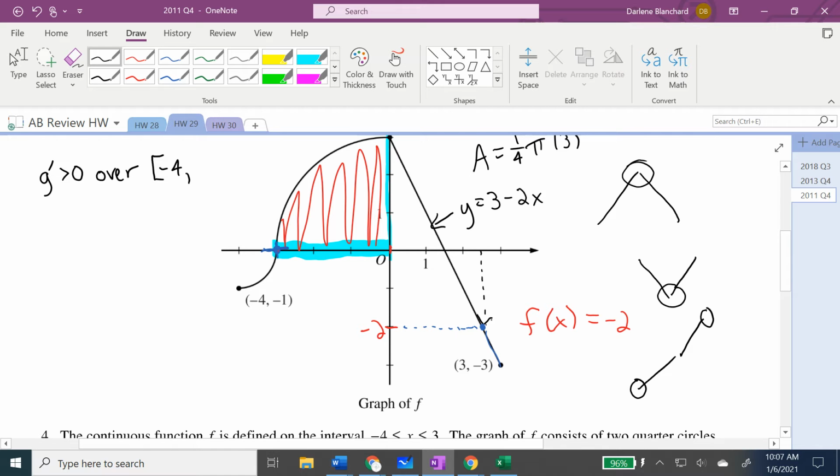And this has to be the x-coordinate where the y is equal to negative 2. So I'm going to put negative 2 in for the y. And you need to make sure to solve that equation. It looks like it's 2.5, but you need to solve this equation to verify that it is 2.5.